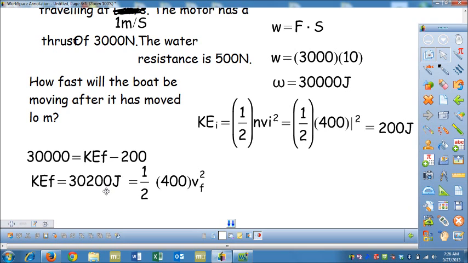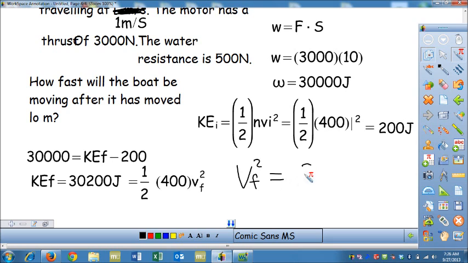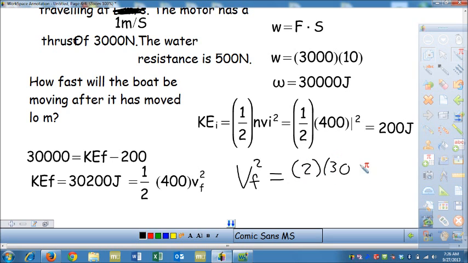So let's see, 30,200. To solve that, we're going to have to multiply both sides by 2, divide both sides by 400. So we've got that v final squared is going to equal 2 times 30,200 divided by 400.